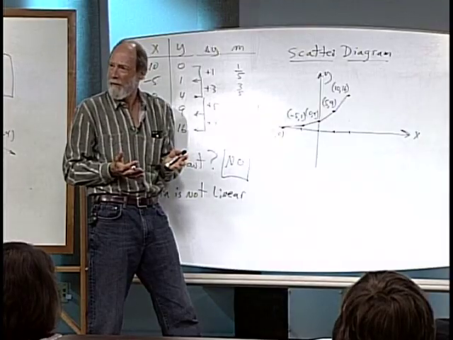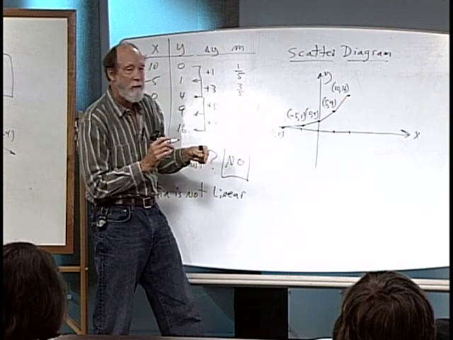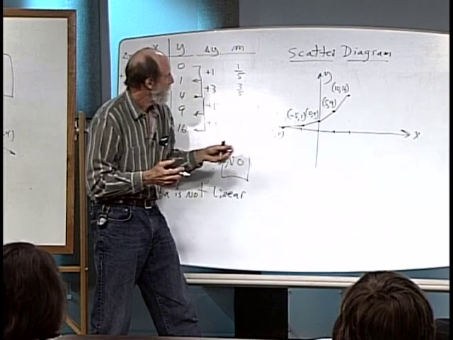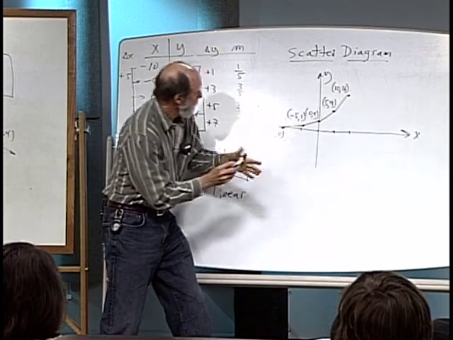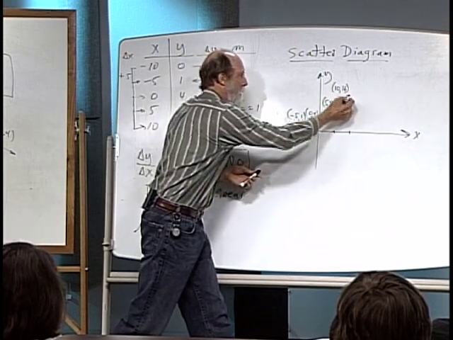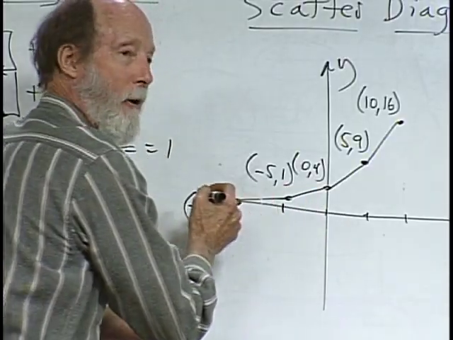Feeling good? Okay. So where would you suggest I lay it? Do you want me to just try it? 10, 16. Actually hit that point? Yeah. I actually think if I've got these data values, maybe this is money. $16, $9, $4, $1, no dollars. Okay.